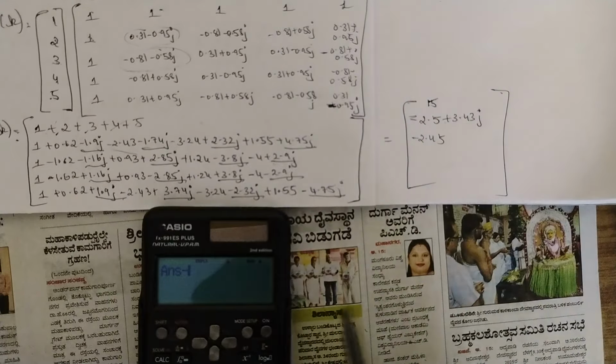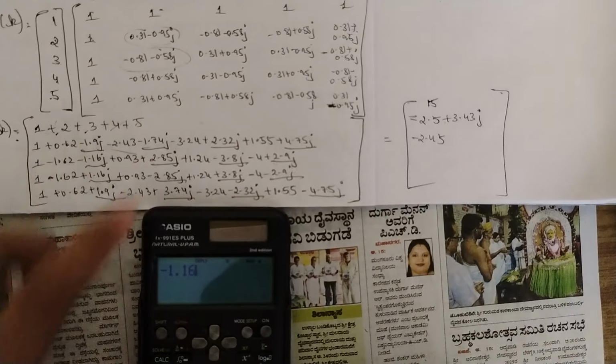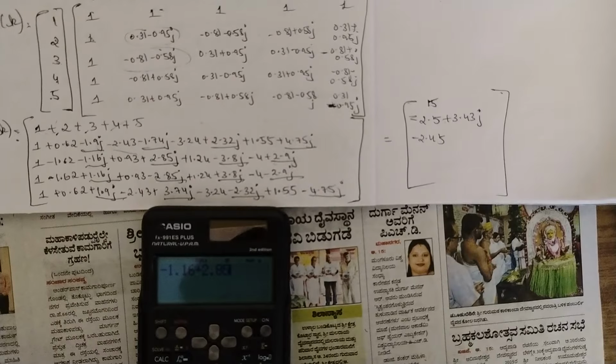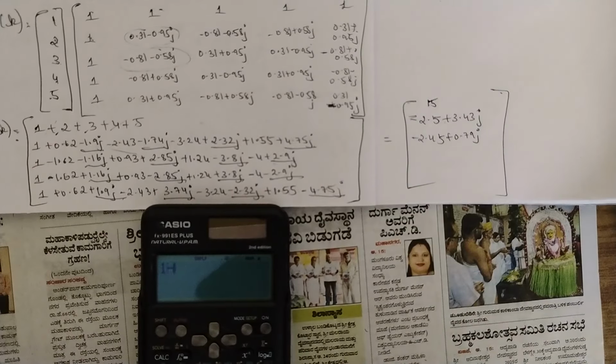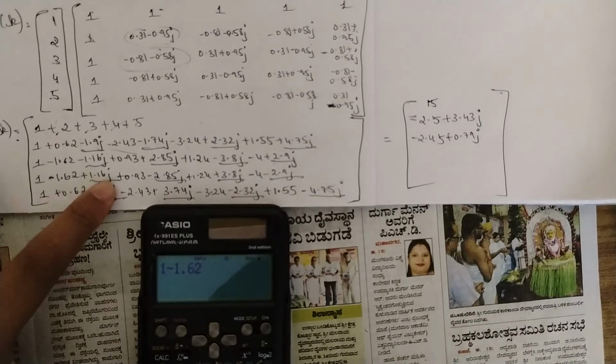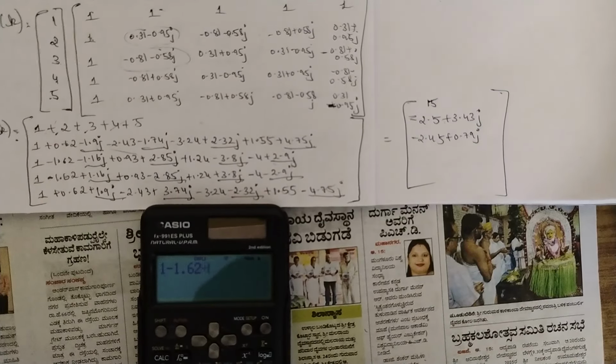So we don't need to put j because we are already separately doing it, right? So that's why minus 1.16 plus 2.85 minus 3.8 plus 2.9 is plus 0.79j.